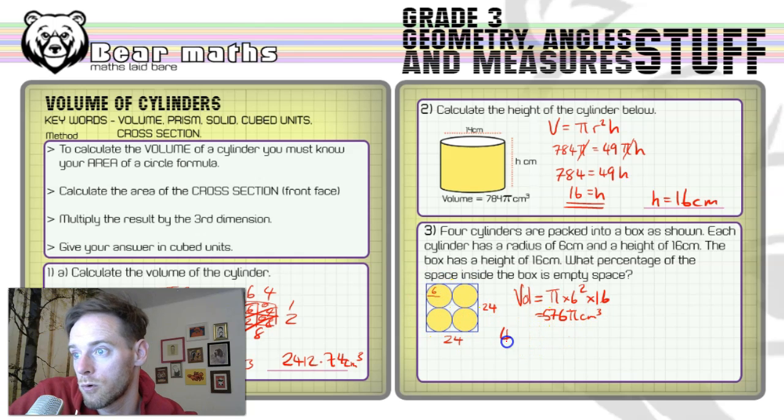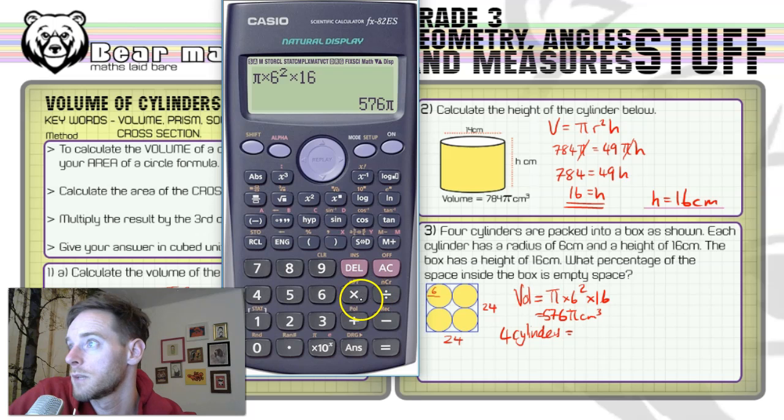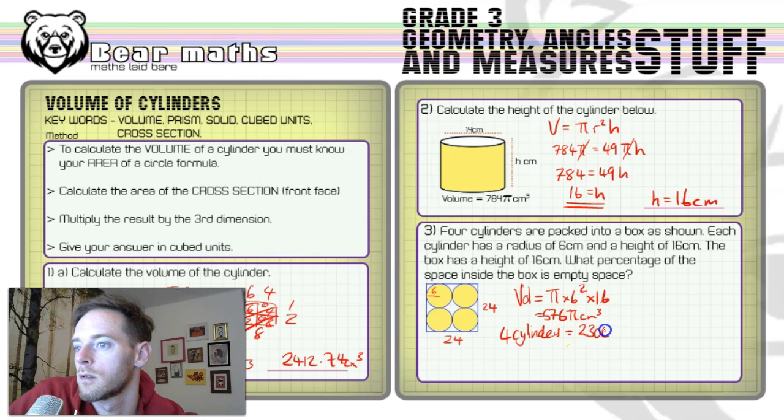So 4 cylinders equals, and we'll just take our answer and multiply it by 4, obviously. 2304 pi centimeters cubed. And then we've got to work out the volume of the box.